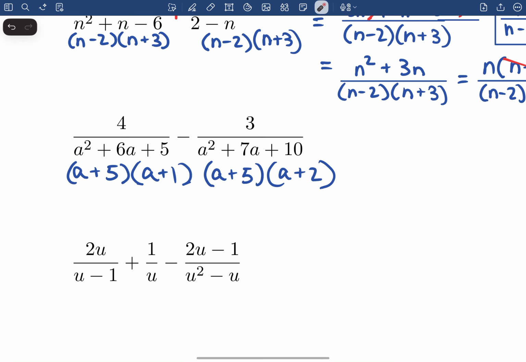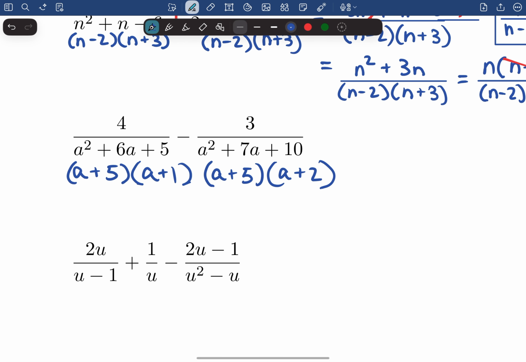And so here I have factored this trinomial into this, and this trinomial into this. And now I ask myself, what's missing from these terms that these terms have? And the answer is a plus 2, right? So both of these have an a plus 5. This one has an a plus 1. It doesn't have an a plus 2, right?